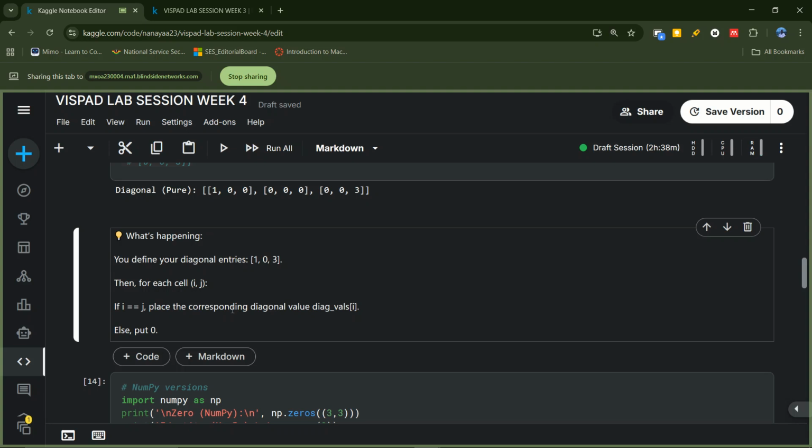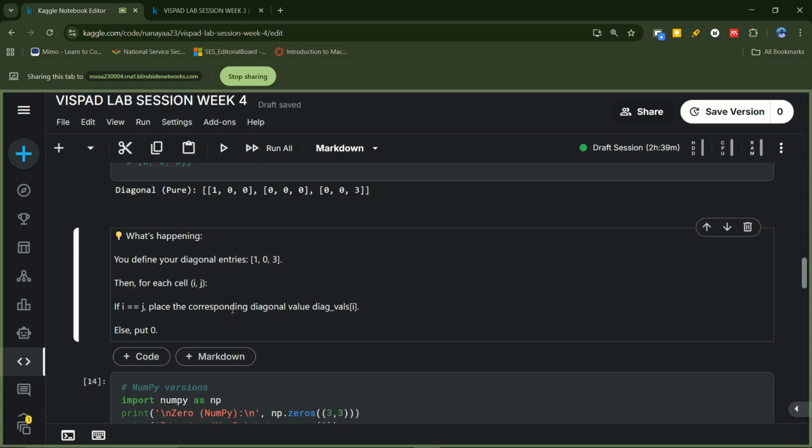Perfect. So what's happening, I've already explained, but let me just read through. You define your diagonal entries, that is 1, 0, and 3. Then for each cell i and j, if i is truly equal to j, place the corresponding diagonal value, diag_vals[i].